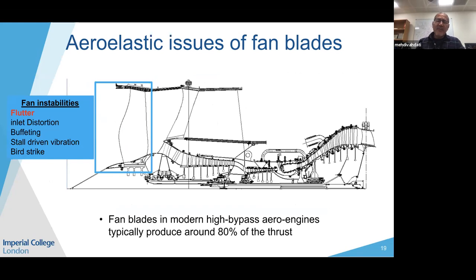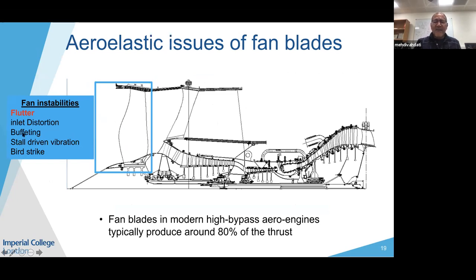So that was some basic theory of static aeroelasticity, as well as how blades flutter. Now in this part, I'm going to look at aeroelastic issues for fan blades, but in this presentation, as I've said before, I'm just going to concentrate on flutter.